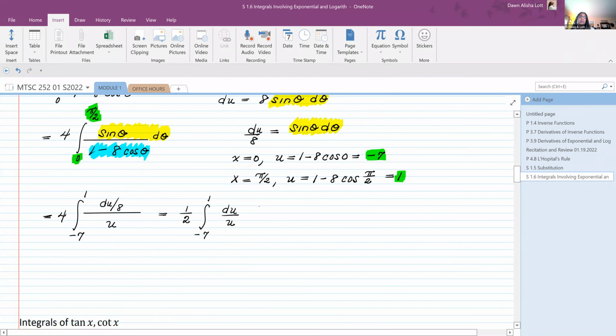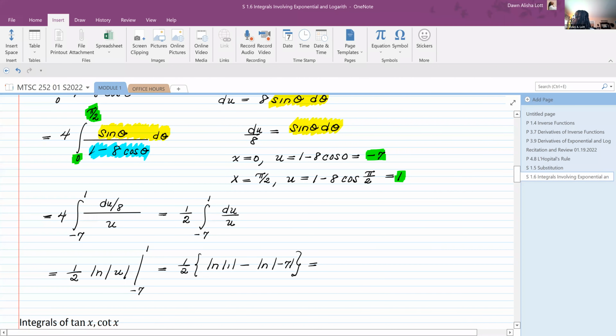And we know by the fundamental theorem of calculus, the 1/2 stays here. The integral of du over u is the natural log of absolute value of u, and then that gets evaluated from -7 up to 1. So I have 1/2 times the natural log of 1 minus the natural log of the absolute value of -7.